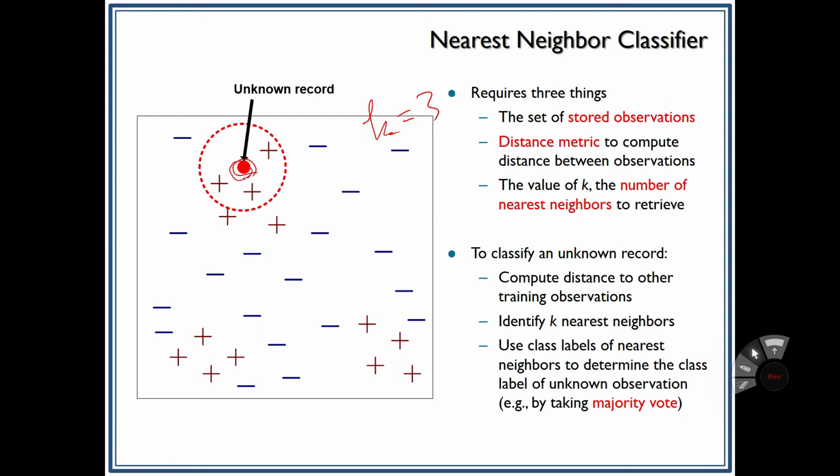Because we set the number of nearest neighbors to 3, we find the 3 closest objects, and all those 3 data points have the positive class label, so we predict this new object as a positive class. That's everything.